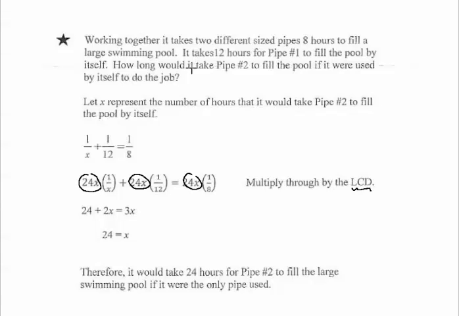They simplify everything. The fractions disappear, and in the end we get 24 equals x, and the time that we were given in this example was hours. The question was how long would it take pipe 2 to fill the pool? Well, here's our answer, 24 hours.